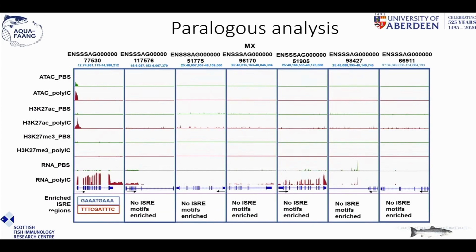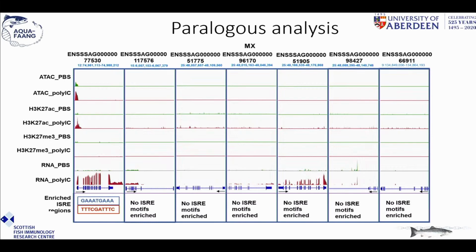Next, I wanted to look at these motifs and see if we can see differences at the paralog level. This is MX, which is a key antiviral gene. It has 7 paralogs in salmon, and only one of them had ATAC and ChIP differential peaks.